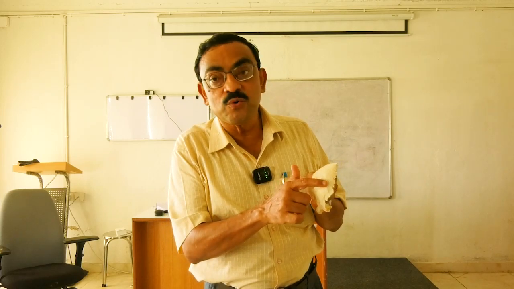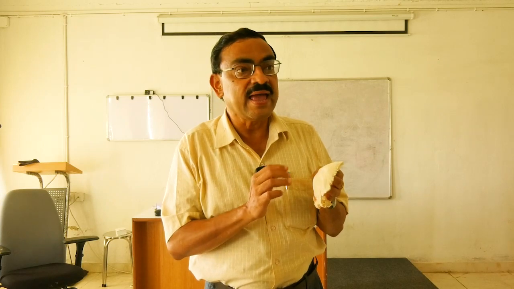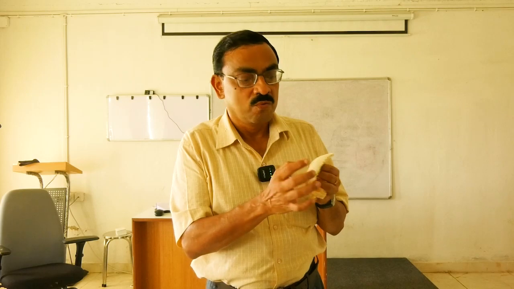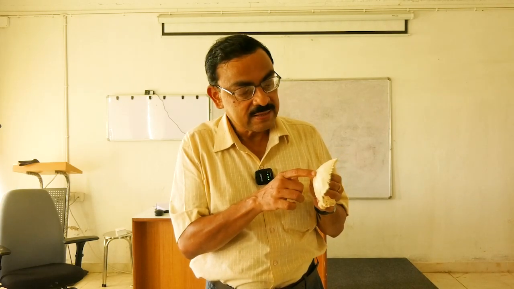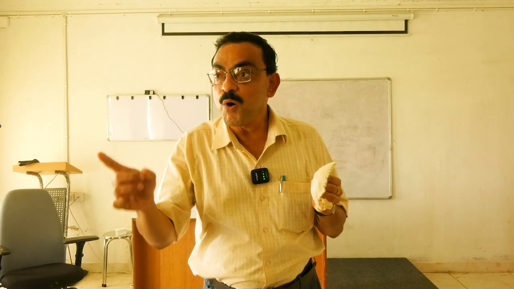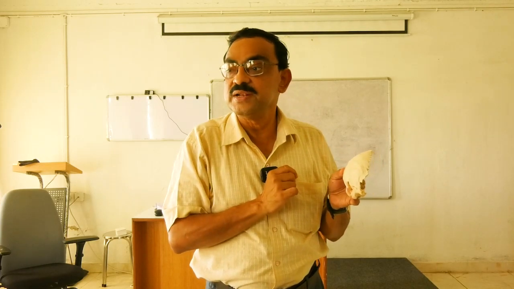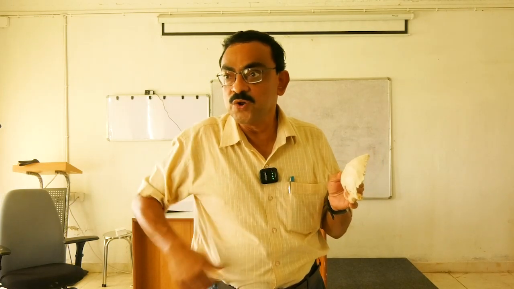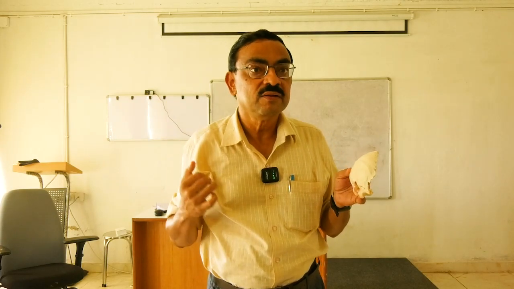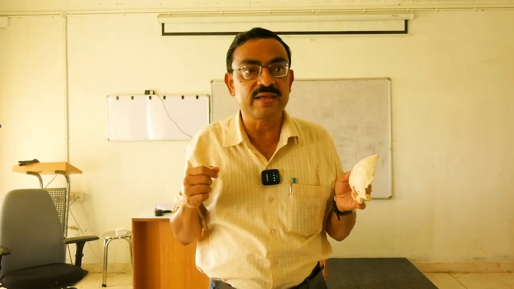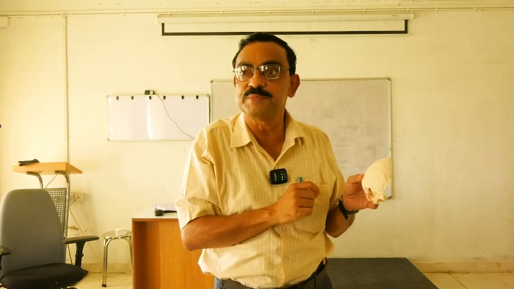Now this superior nuchal line is a very important area because important muscles get attachments here. We know the trapezius muscle of the back. We have seen a part of the trapezius muscle during our superior extremity dissection.